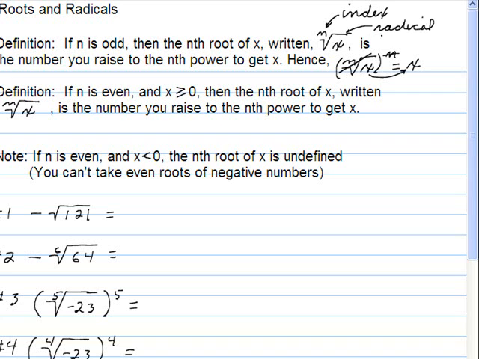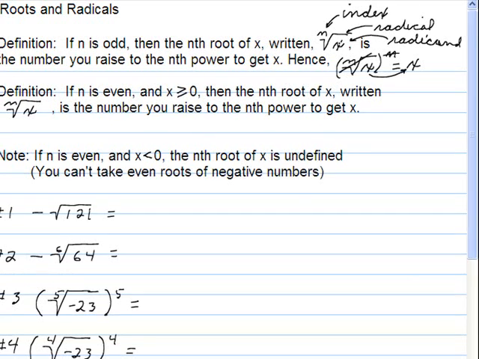And the number on the inside, the x, the thing you're taking the nth root of, is called the radicand. Index, radical sign, and the radicand is on the inside.